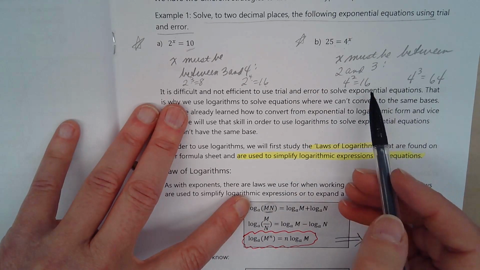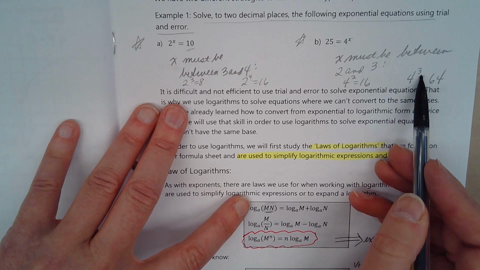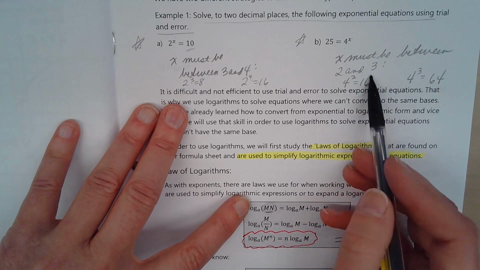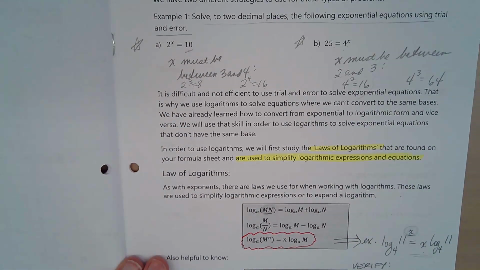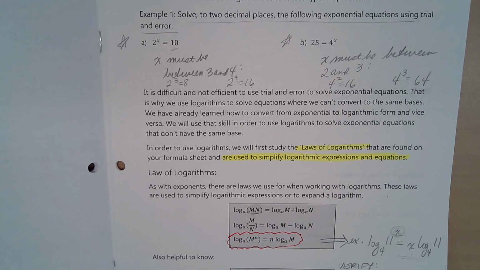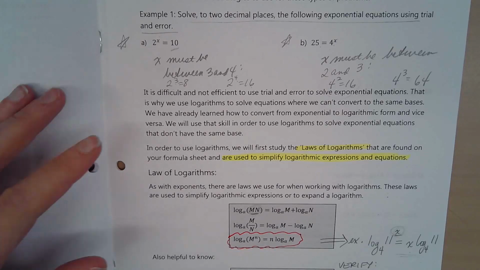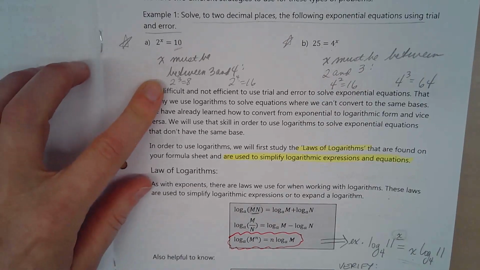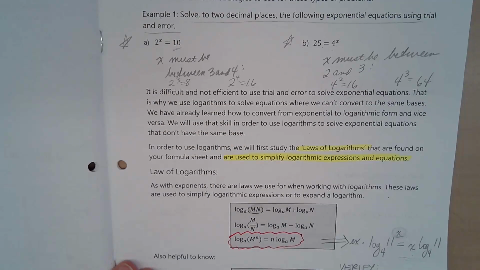Is the exponent closer to 2 or closer to 3? Way closer to 2, right? And that's about it. That's all we can do without a calculator, right? With a calculator, I can play around a bit, which is what I asked you to do for that assignment yesterday. You can play around a little bit and get a little closer, but really that's all we can do. Well, we're going to find logs will allow us, of course we still need a calculator with the logs, but allow us to hone in without having to play around, right?